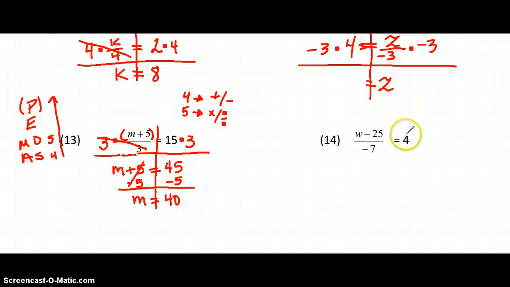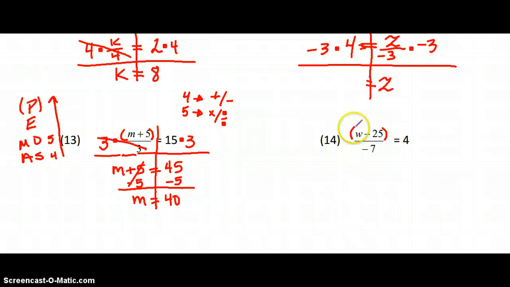All right, I'm going to start chart number 14, and you're going to have to finish it. I'm going to put parentheses around here so I remember I need to find the difference of this first before I divide by negative 7. So I'm doing step 4. Do I have anything adding to this that I can, or subtracting that I can take out?